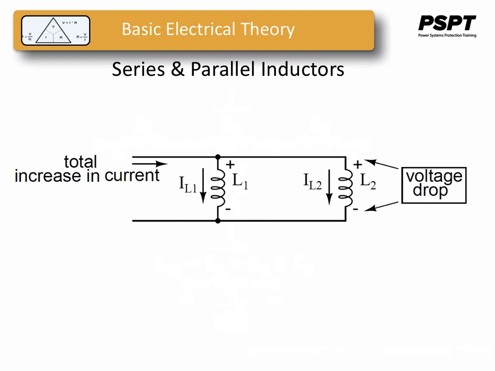In other words, there will be less voltage drop across the parallel inductors for a given rate of change in current than for any of those inductors considered separately, because the total current divides among parallel branches. Less voltage for the same rate of change in current means less inductance.